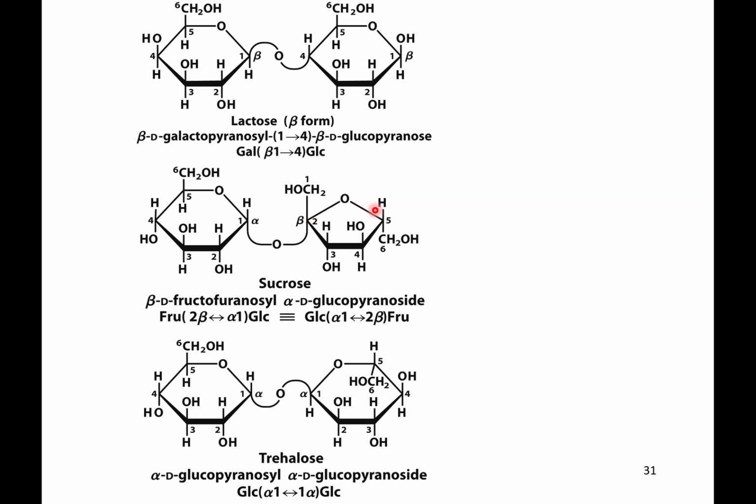We're used to drawing the anomeric carbon on the right side, but in this case we have to draw it on the left side because it's forming a glycosidic bond with the anomeric carbon of glucose. So we're flipping it around and it looks sort of upside down compared to its typical orientation. That glycosidic bond is between the beta 2 anomeric carbon on fructose and the alpha 1 carbon on glucose.